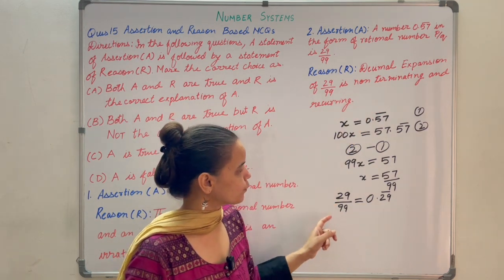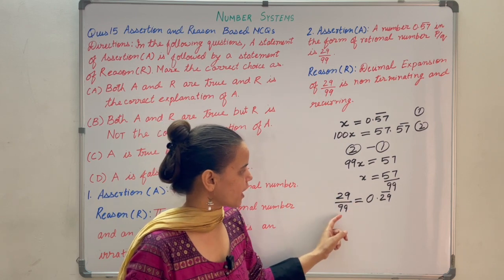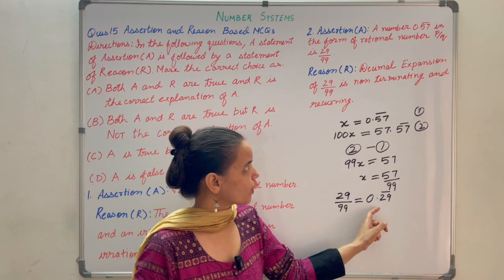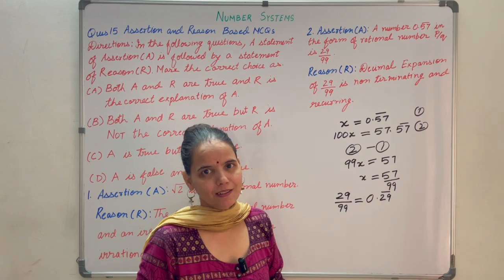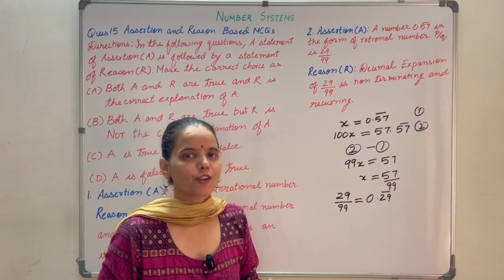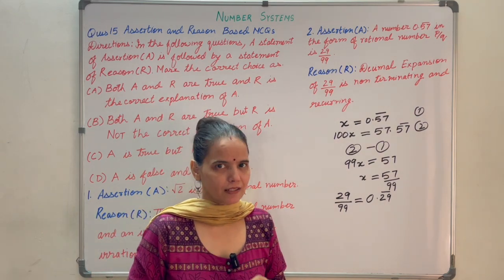This is one way to find out whether the decimal expansion of a rational number is non-terminating and recurring or not. There is one more method where you just look at the denominator of the rational number.